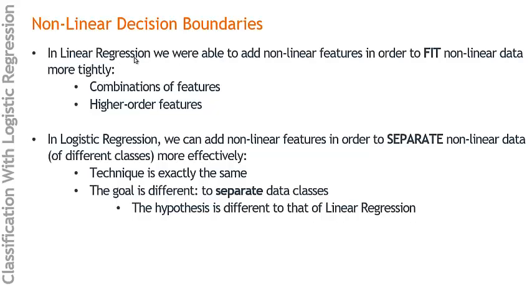Remember, in linear regression, we added nonlinear features, which could improve the fit. Now, in logistic regression, we can also add nonlinear features. So far, our separating boundary is a line, but if you add nonlinear features, you can have a separating boundary that's a curve.